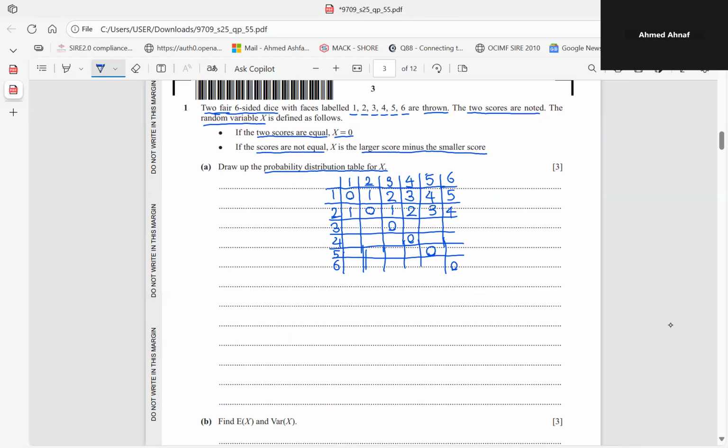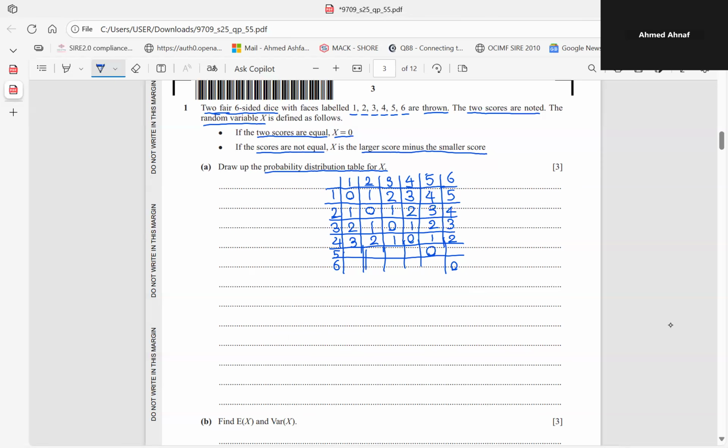And then for 1 and 3, that's going to give us 3 minus 1. So 2 and 3, that's 3 minus 2, that's 1. And then 4 minus 3, that is 1. 5 minus 3, that's 2. 6 minus 3, that is 3. And 1 and 4, that's 4 minus 1, which is 3. 4 minus 2, that's 2. 4 minus 3, which is 1. 5 minus 4 is 1. 6 minus 4 is 2.